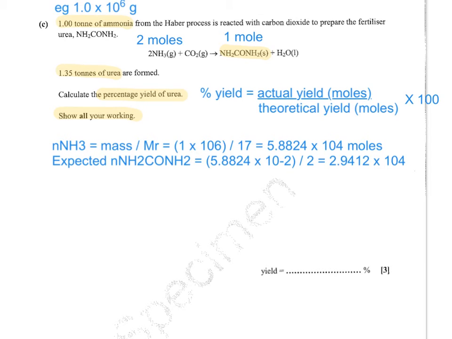So the expected amount is the same as the expected yield. But in reality we got 1.35 tonnes of urea. So in other words, how much in mass is the expected amount, and how does it compare to the amount we actually got?